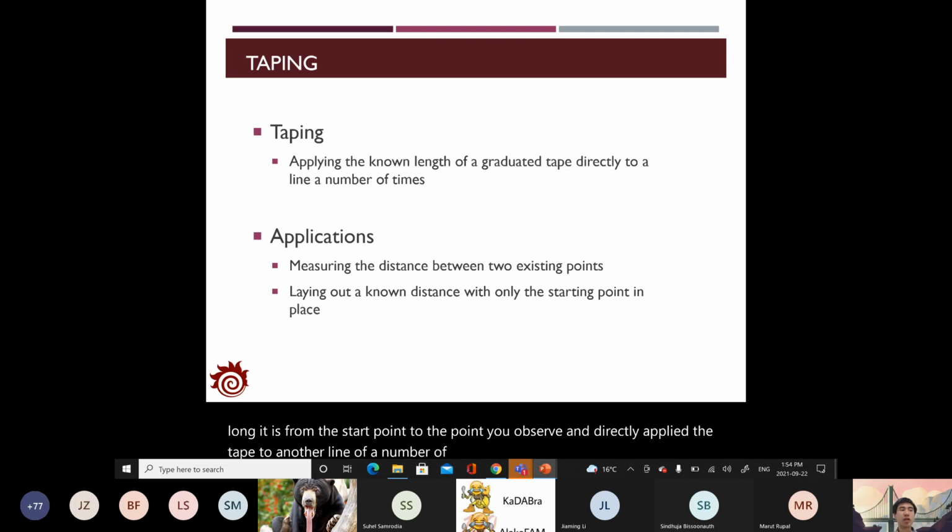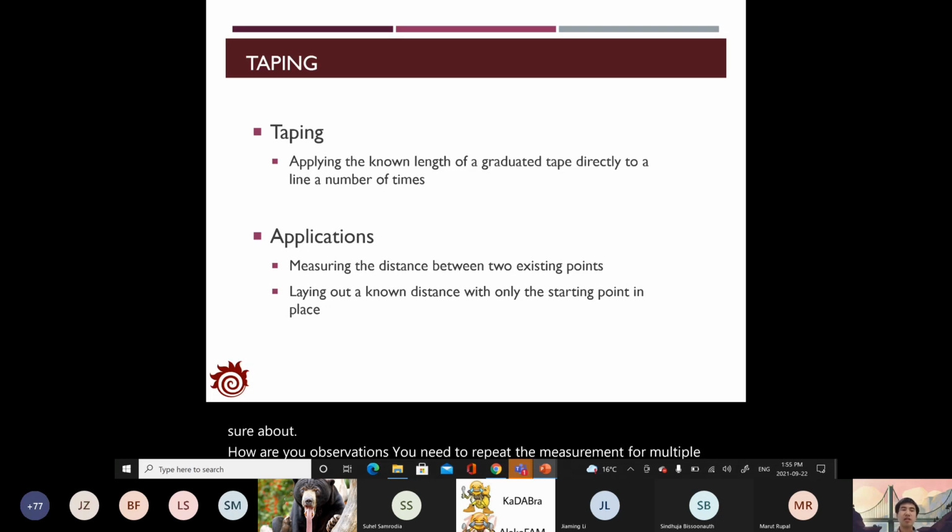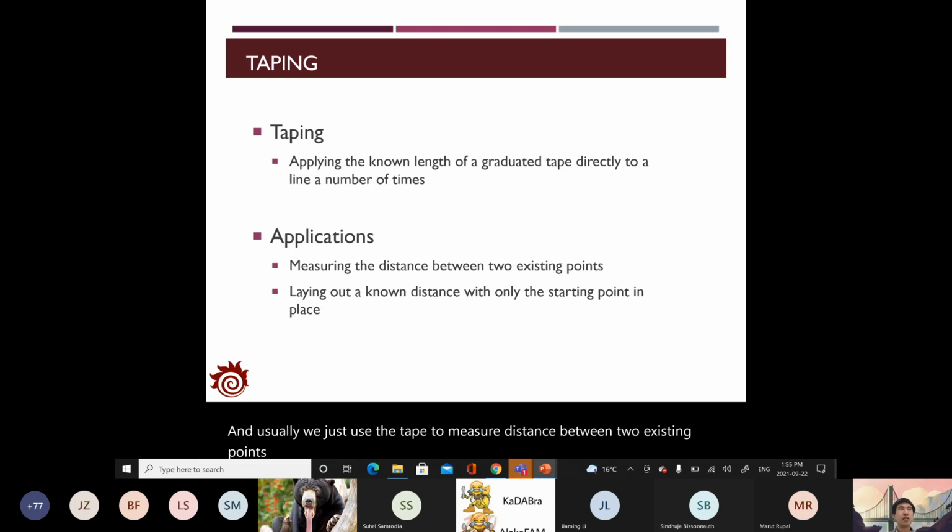If you are not quite sure about your observations, you need to repeat the measurement multiple times. Usually we use the tape to measure the distance between two existing points, and we can also find a point based on a starting point and a known distance. So this is the general application of taping.